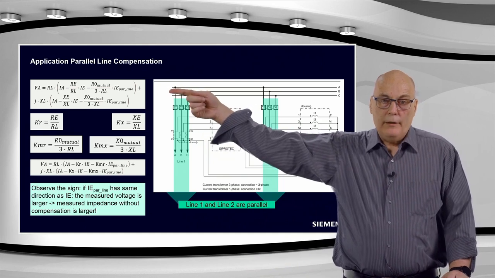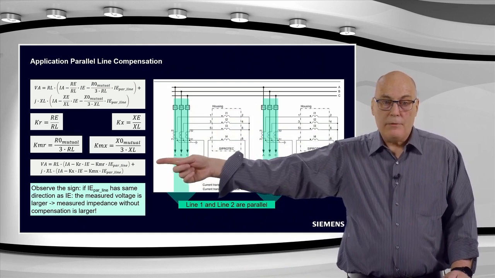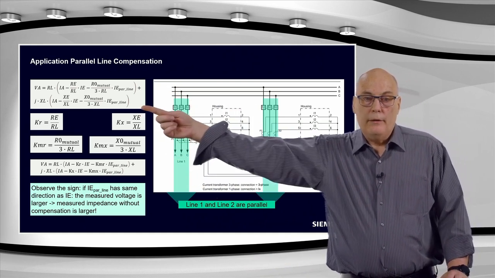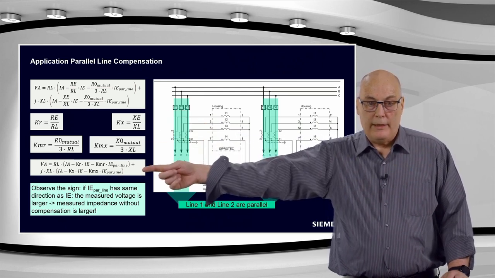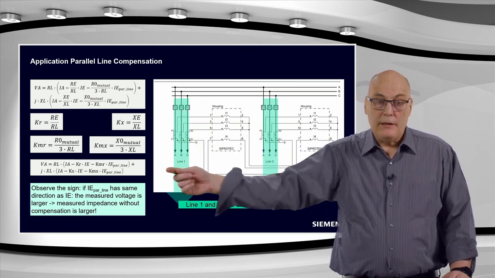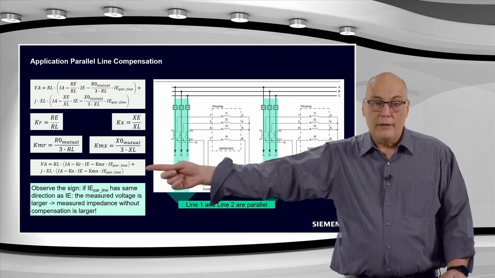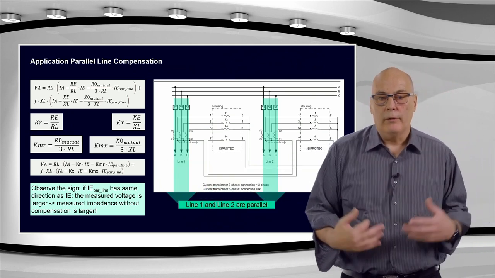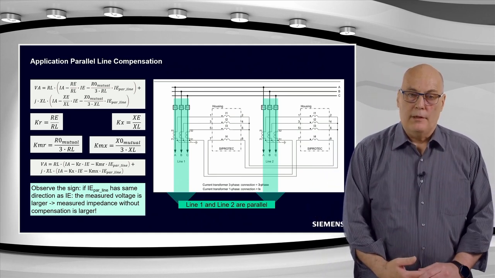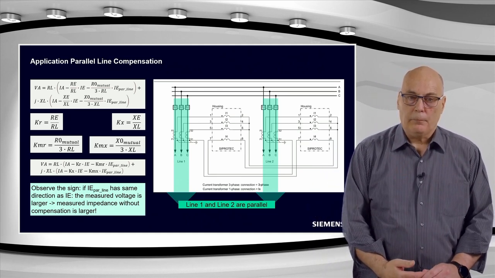And then we can rewrite the equation at the top and substitute the ratio ZX naught over 3ZL with the KMX, KMR. And the important thing obviously is if we then rewrite this, we can calculate the impedance. So the impedance calculation equations we saw early on are then modified to consider the parallel line compensation.